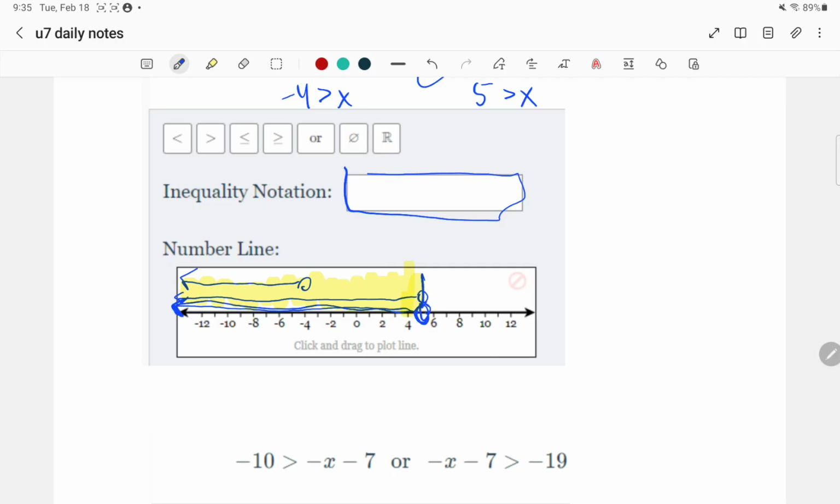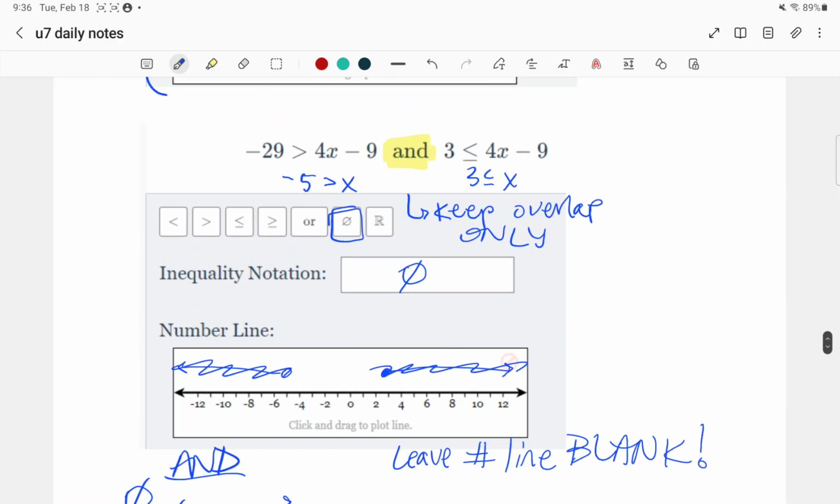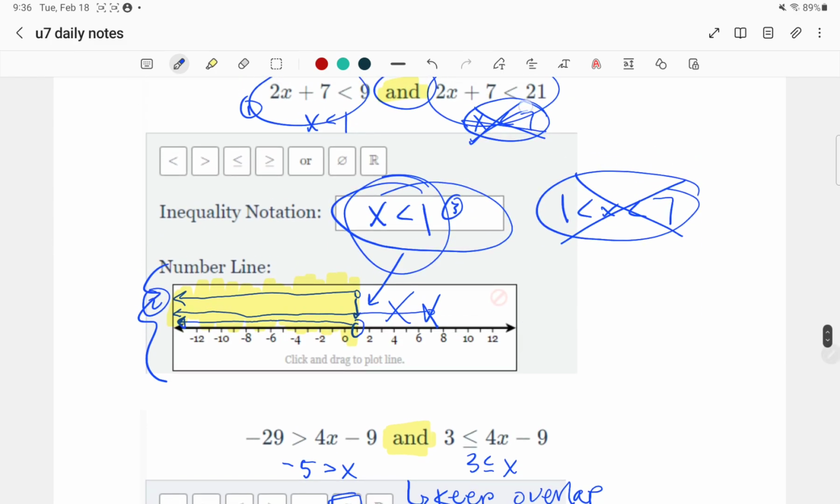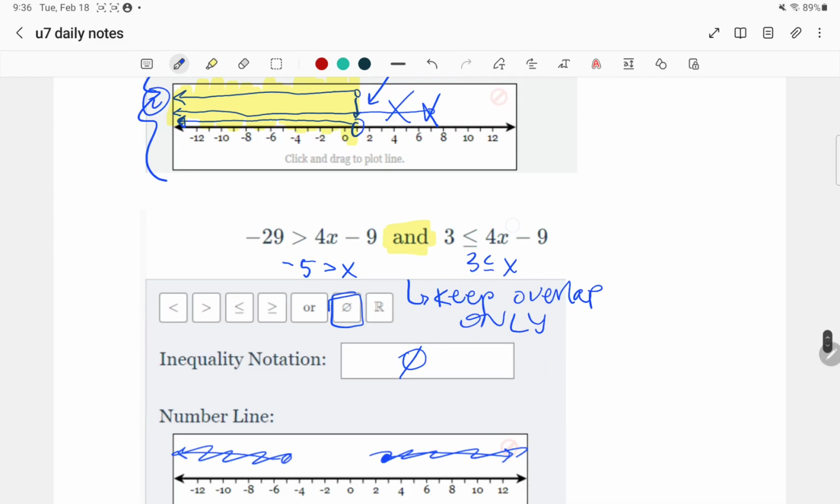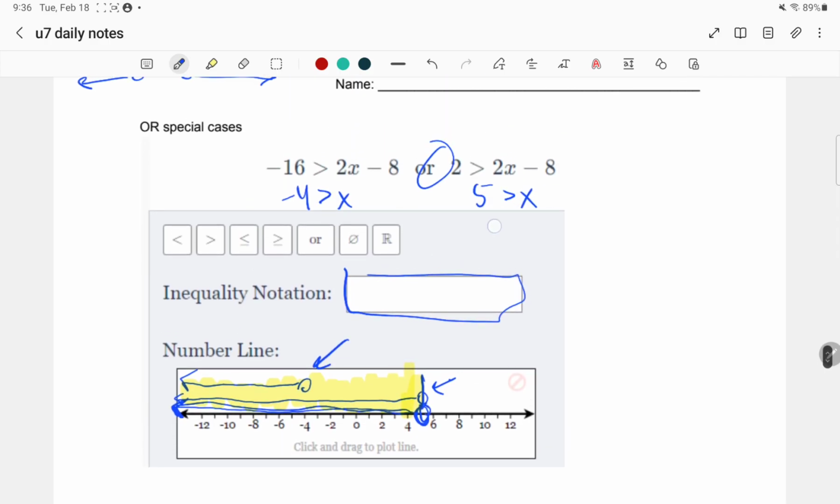Notice that my 5 is greater than x line envelops my -4 is greater than x line. So, like the last one where we threw away the x is less than 7 one, like this one where we got rid of this, we're going to kind of do the same thing.